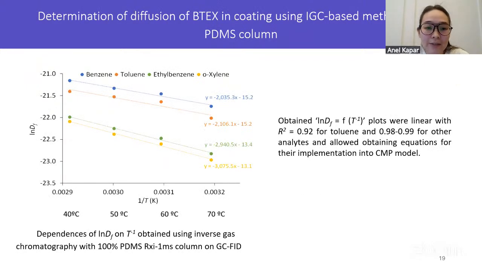The experimentally obtained DF values at different temperatures were linear, with R squared 0.9242 for toluene and 0.9899 for other analytes, showing acceptable accuracy for use in the CMP model.